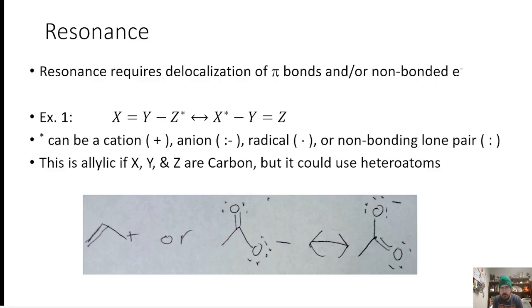So in the case down here, we see a carboxylate, where X and Z are oxygen atoms, and we're moving an anionic lone pair between the X and the Z.